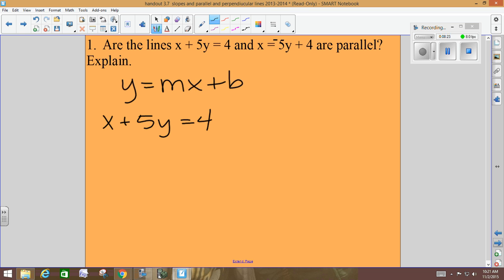What kind of form is that? Standard form. Good. It's x and y on the left, x is positive, and there's no decimals or fractions. I need to solve this for y. So subtract x over. 5y equals -x plus 4.